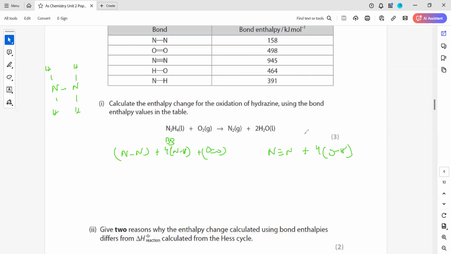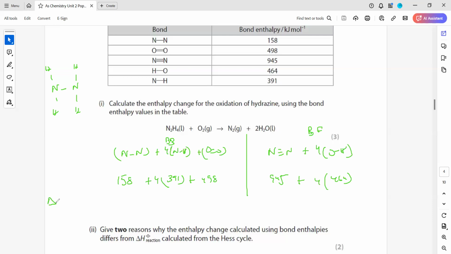You just have to substitute. Bond breaking: this will be 158, the NH bond is 391, and oxygen double bonded with oxygen is 498. And bond forming: nitrogen triple bond 945, and 4 OH bonds at 464.